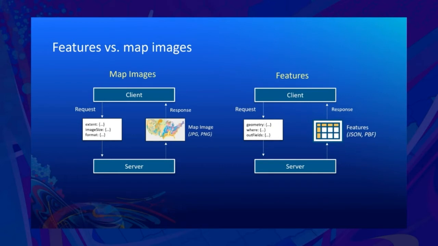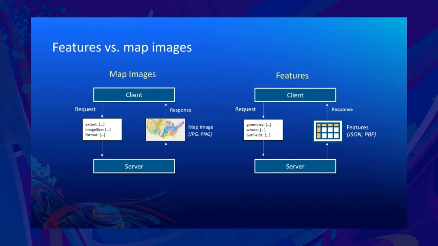The server then takes that, talks to the underlying data store, and then returns those features that match the request to the client. Traditionally, that has been returned as a JSON format. More recently, you'll also see it being returned as protocol buffer format, which is a highly optimized binary format for sending data back in smaller packets and faster to the client.